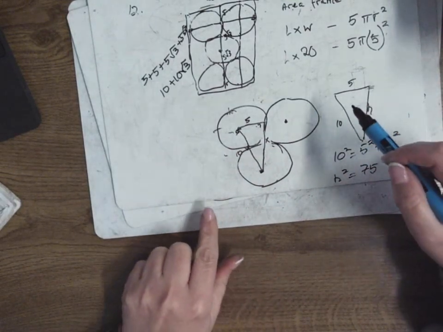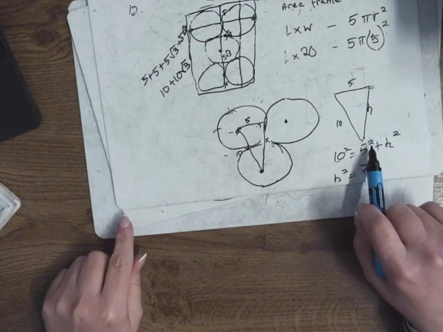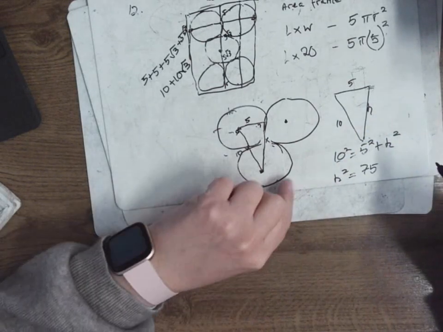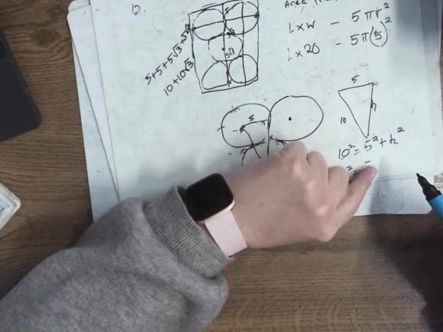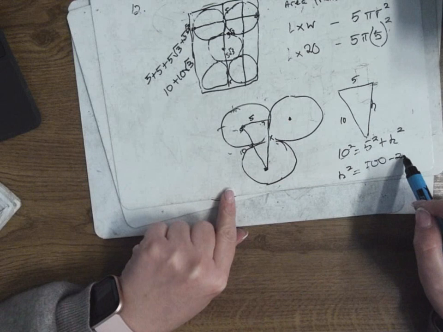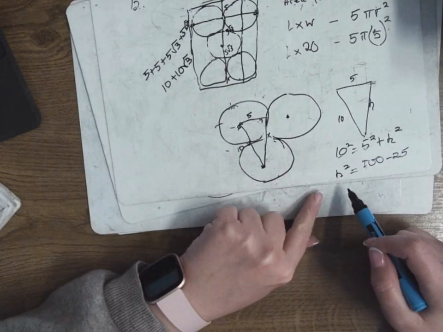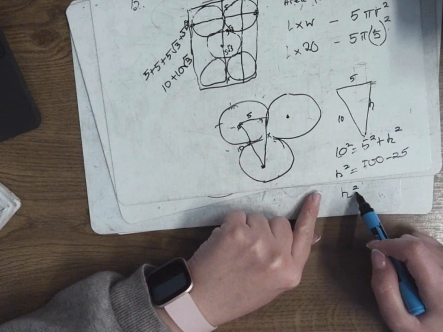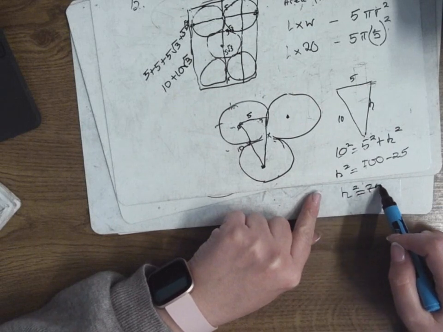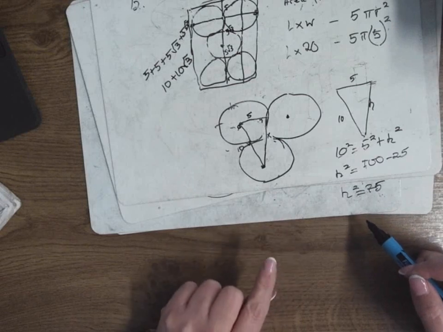Pythagoras' theorem: the hypotenuse squared, which is 10 squared, equals 5 squared plus h squared. So h squared equals 100 minus 25. When you square 10, you get 100. When you square 5, you get 25. So h squared is equal to 75, and you get the square root of 75 on your calculator, and it'll give you 5 root 3.